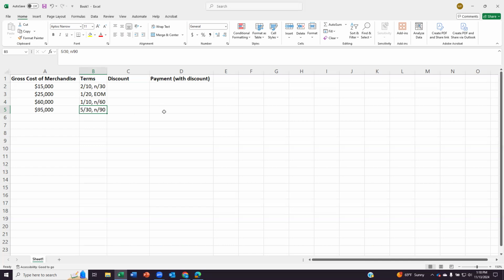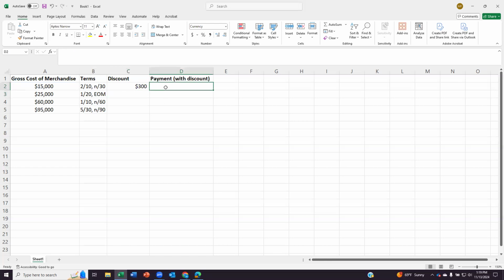So to calculate the discount, if we assume that we're taking the discount, meaning like on this first one, we're paying within those 10 days, then to calculate the discount, all we would do is take the gross cost of the merchandise times the amount of the discount. So for 2%, I'm multiplying it by 0.02, sorry. So that tells me the amount of the discount there is $300.